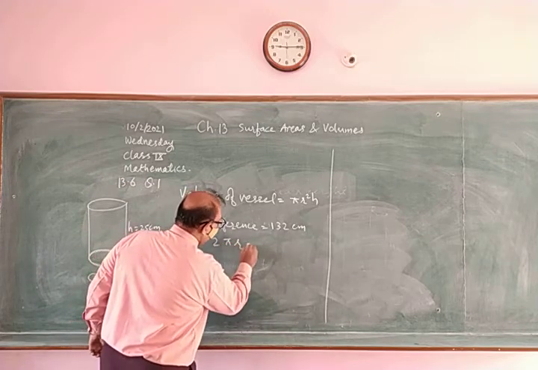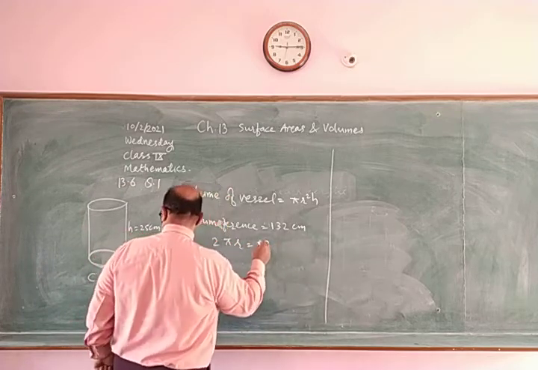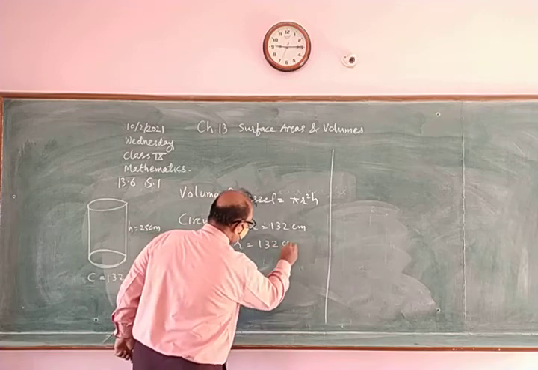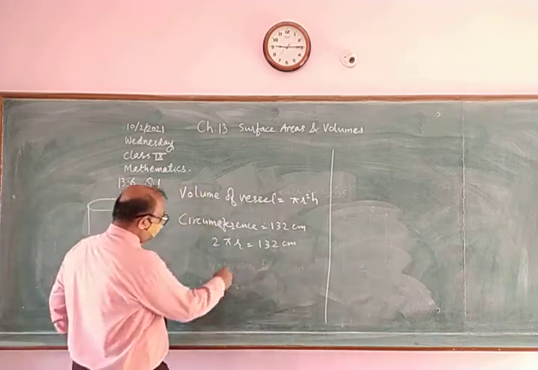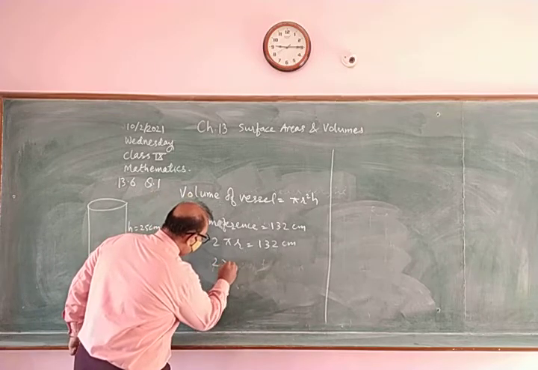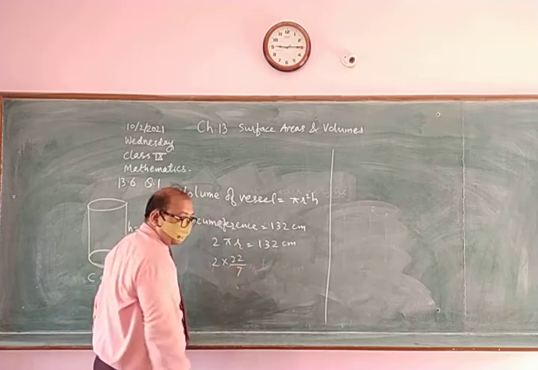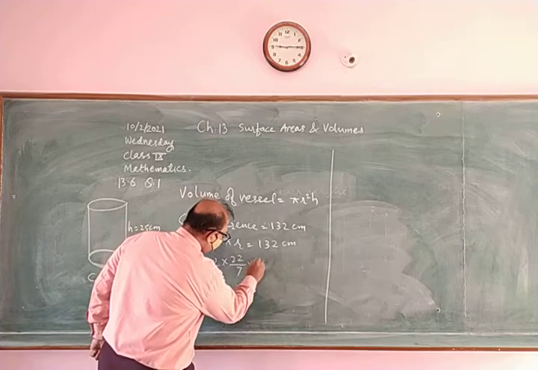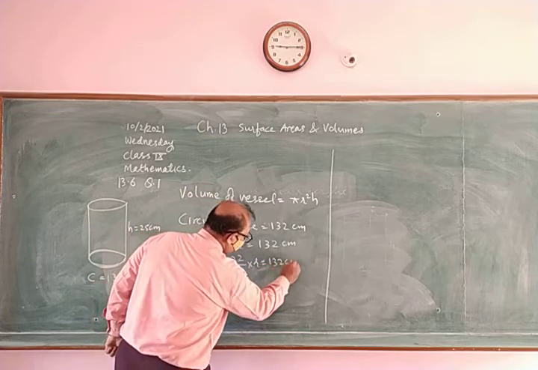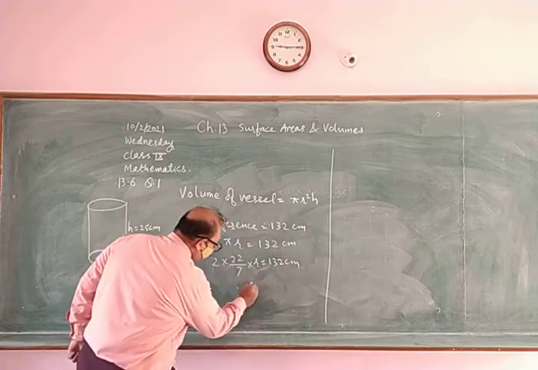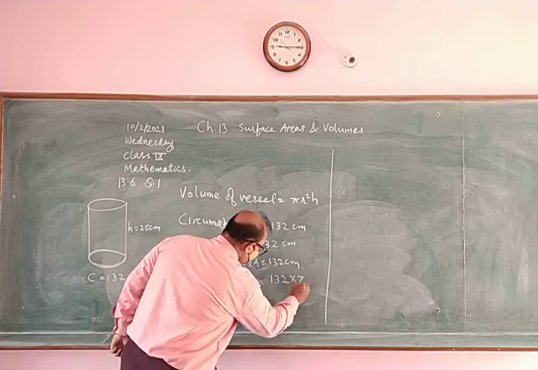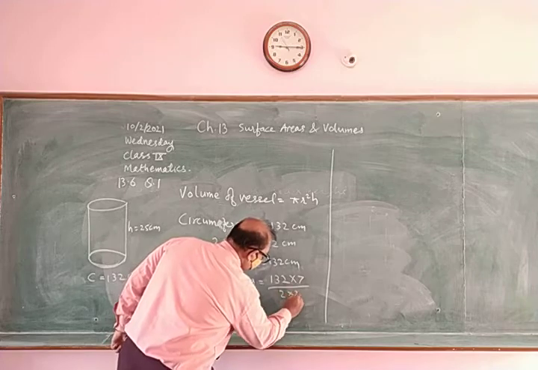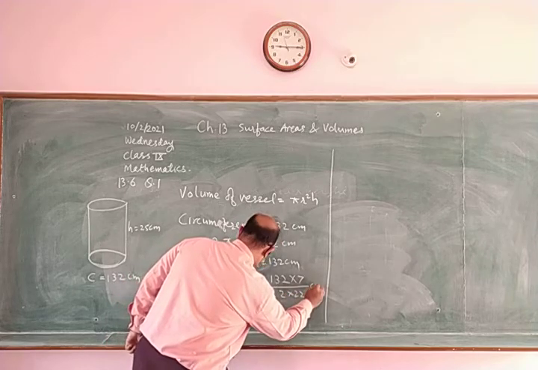So 2 into 22 by 7 into r is equal to 132 centimeter. So r is equal to 132 into 7 upon 2 into 22 centimeter.